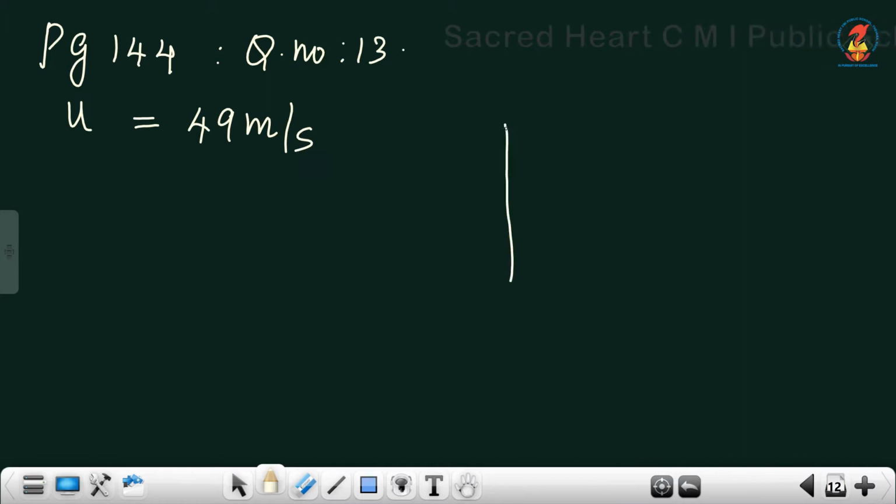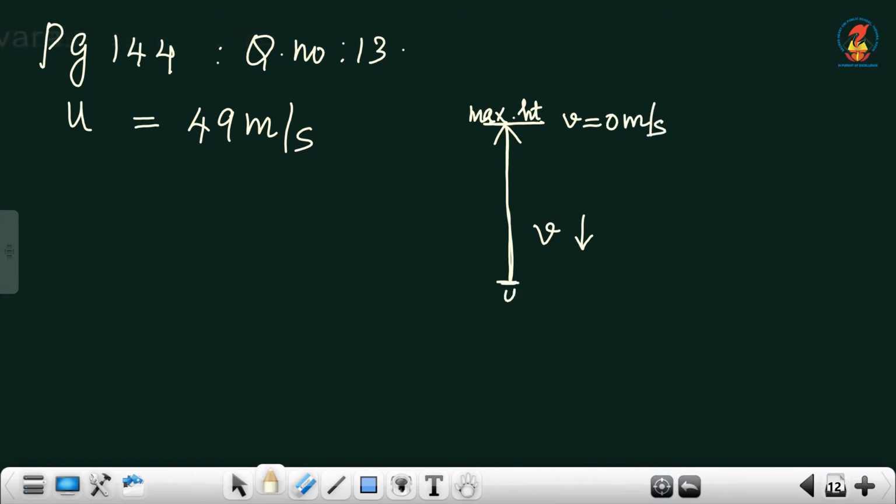When an object moves upwards, its velocity will decrease, and at maximum height, the velocity of the object will be equal to 0. Initially, the object had a velocity u equal to 49 meter per second.